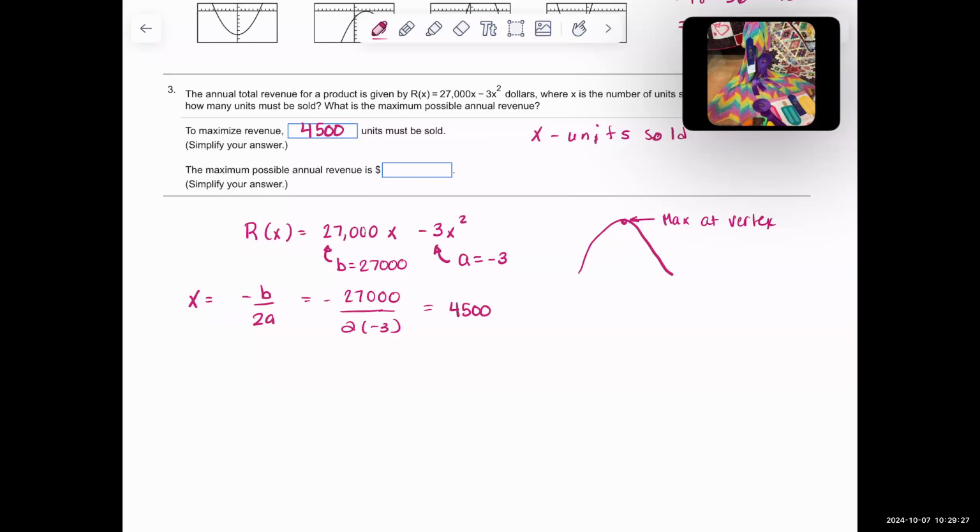To determine what the maximum revenue is, we need to find the y coordinate. So we need to evaluate the function at 4,500.